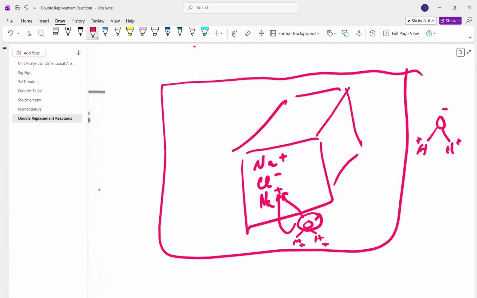Over here, we have those positive hydrogens working on the negative chloride. So after a while, the crystal, the ionic solid, is no longer a solid. It's pulled out by the water. And it's because the water is very polar.